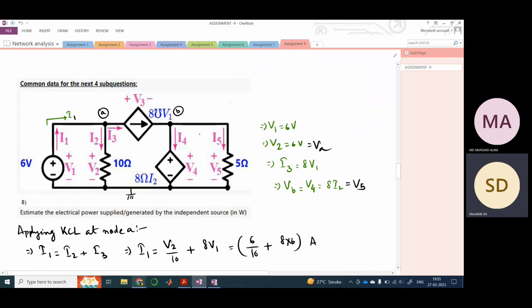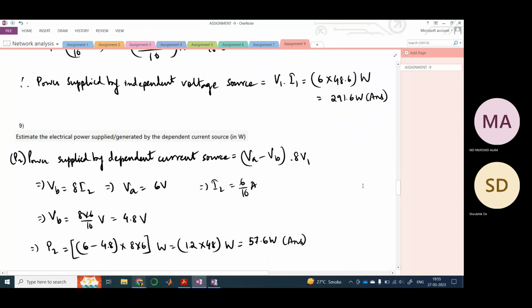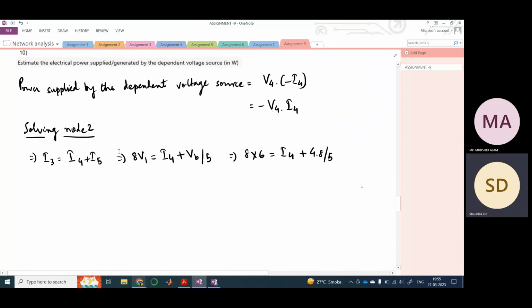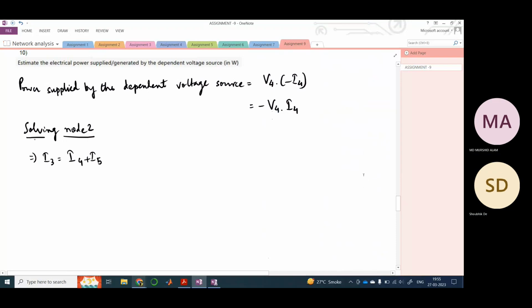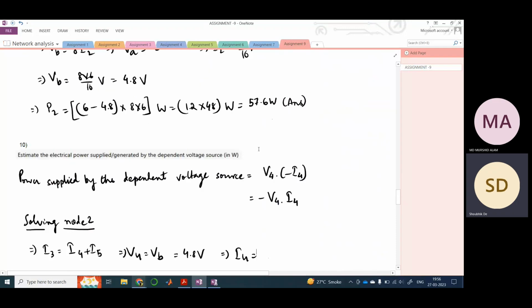There is no resistance in this path, right? So V4 is directly equal to VB, so we don't actually need to solve this anymore. V4 is also VB, which is 4.8 volts, and therefore I4 would be what?